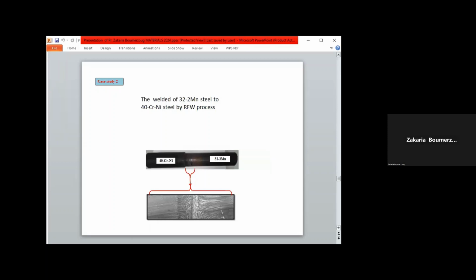The second case study is welding of 2 dissimilar steels, also by rotary friction welding. Here we can observe the microstructure of the welded joint, which is affected by the rotation during the process, and there is plastic deformation of the grains.